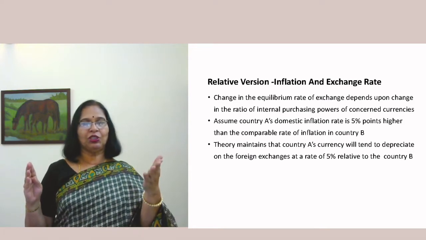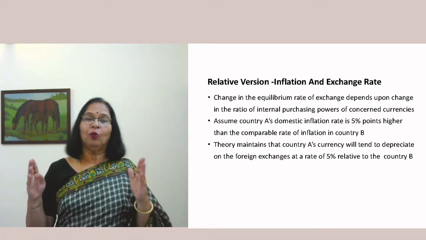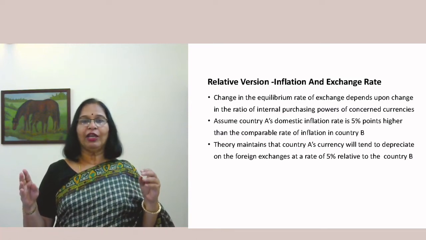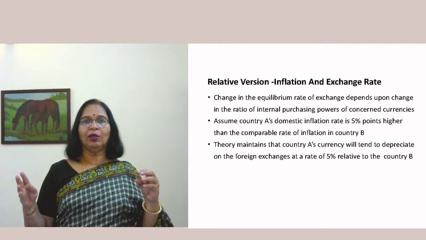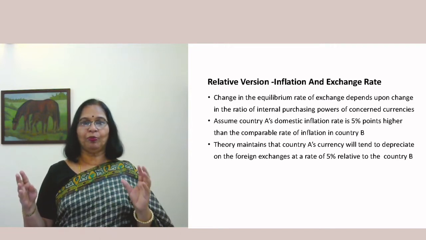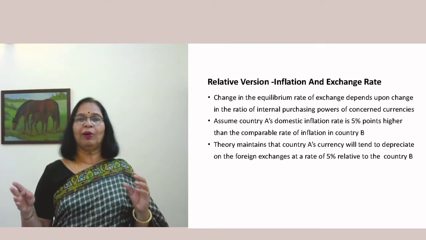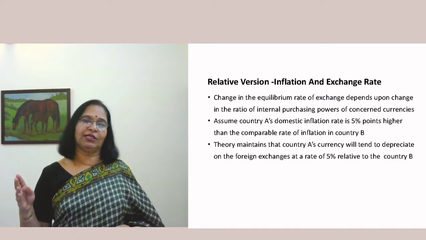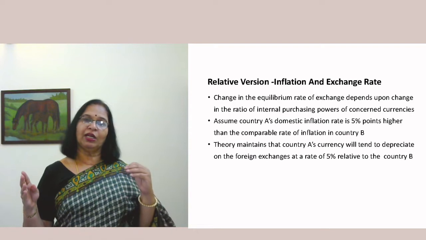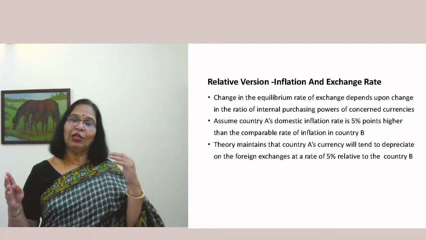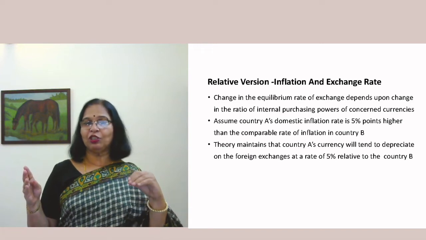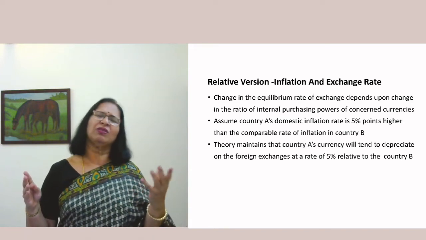It may go up to 72 or 73 rupees. What does that mean? It means that earlier in the foreign exchange market, we were able to buy $1 worth by paying 70 Indian rupees. Now we will not be able to buy $1 by paying 70 rupees because the domestic value of the currency has depreciated. It was earlier 70. Now the price level has gone up, and therefore the price has gone up from 70 rupees to 75 rupees or 73 rupees.